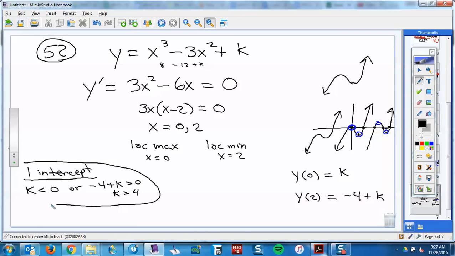So I'm going to leave you to find the rest of it. What has to happen for there to be 2 intercepts? What has to happen for there to be 3 intercepts? Okay, we just figured out what K has to be for there to be 1 intercept based on that. So that's what we just went through there.